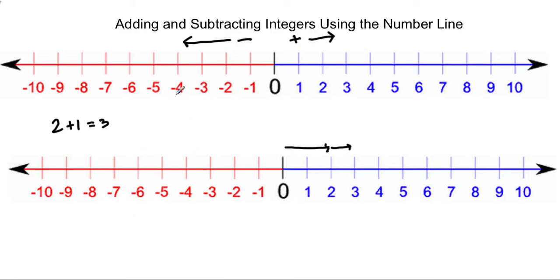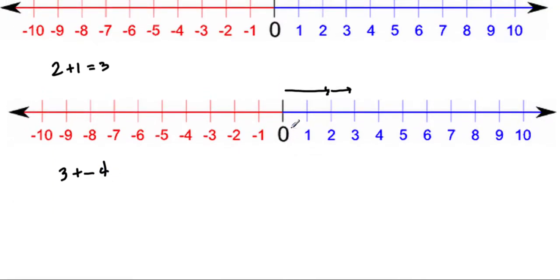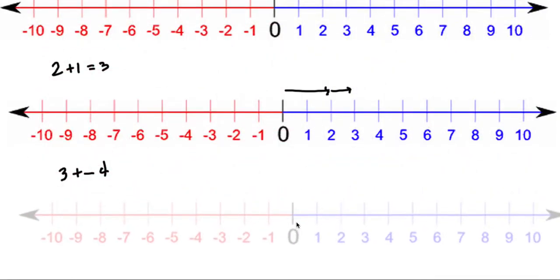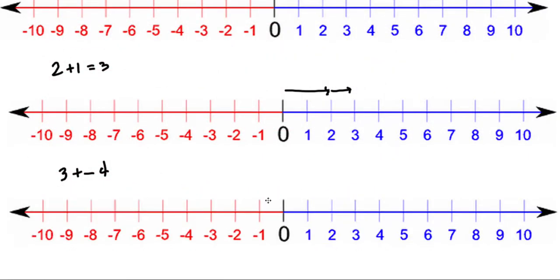Another example that we can do is, let's say you are asked to add 3 plus negative 4. Now you're asked to add a negative integer to positive 3. So let's get our number line. First from 0, we need to move to 3. So 3 units from 0 would be here. So that is 3.